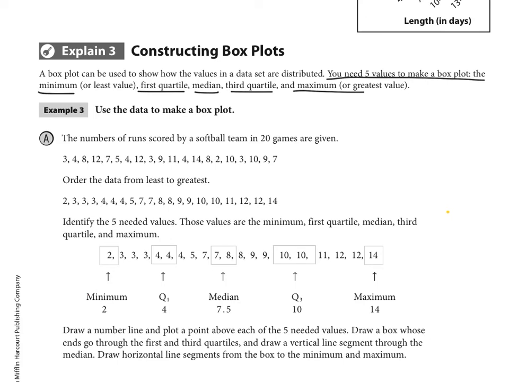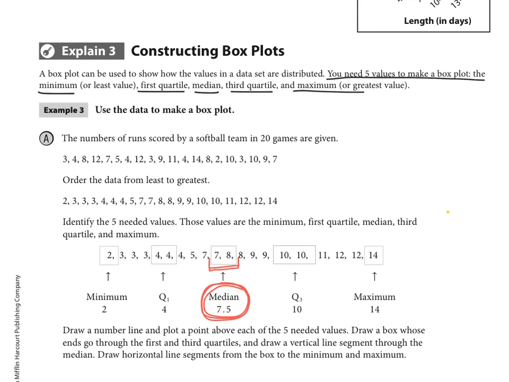Notice that since there were 20 values, this is value 10 and 11. If you cross them off, you end up with 2 in the middle. To find the median, they just found the average between those two.